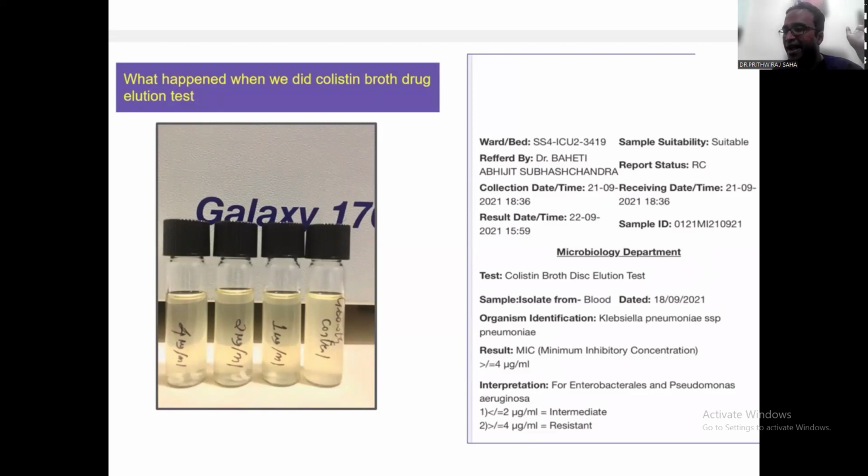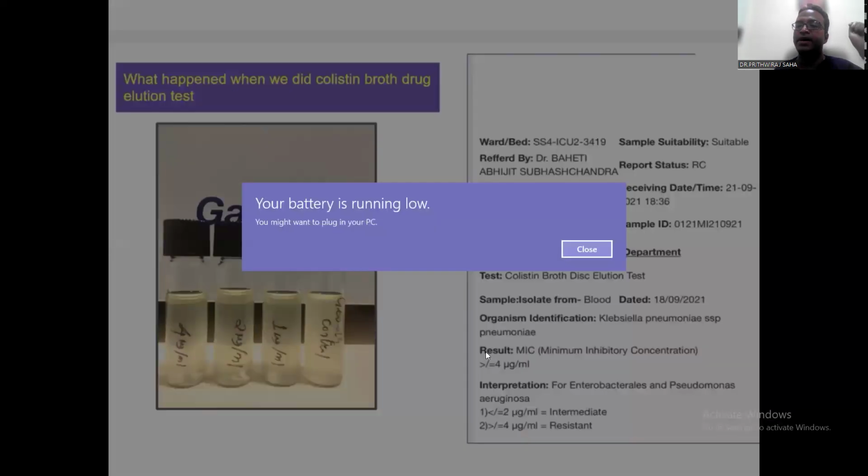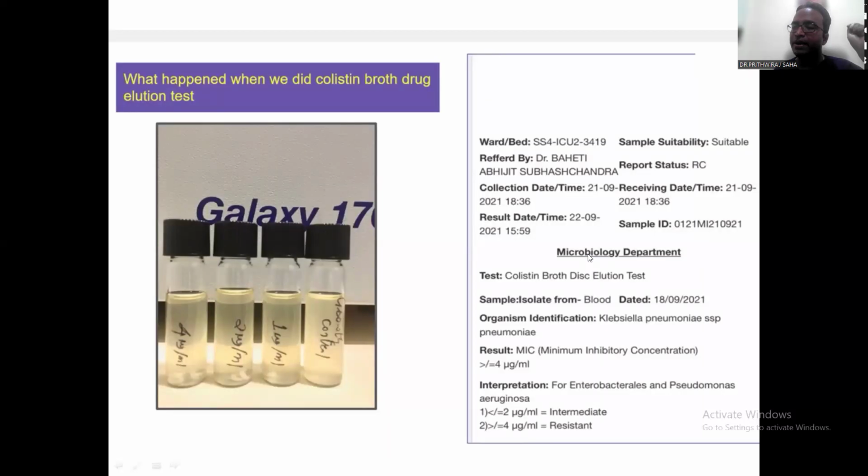So if by Vitek 2 you are getting an organism susceptible to colistin, better not to say susceptible, rather say intermediate, because that doesn't give you a sure shot that this drug will act. If you do the same MIC testing by broth dilution, you might get a higher MIC, which is the real MIC for colistin.